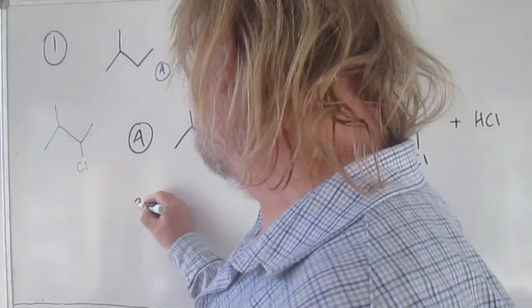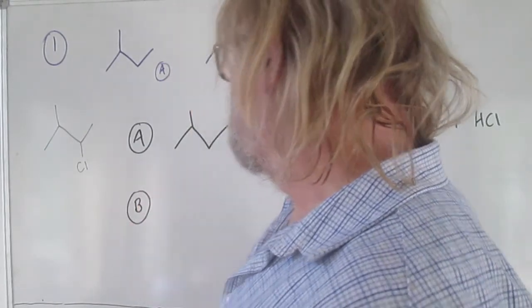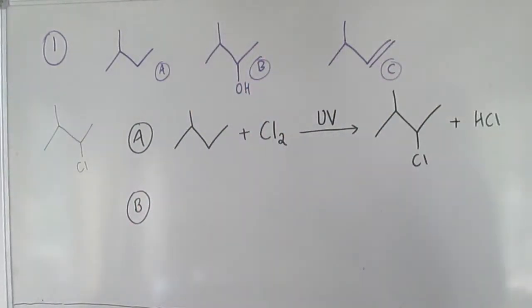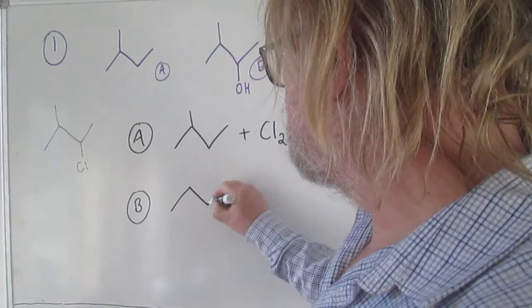B, that's one of the standard reactions of alcohols that you need to know, that you can again do a substitution reaction, this time not a radical one, to replace that OH with a halogen. So we can do this.